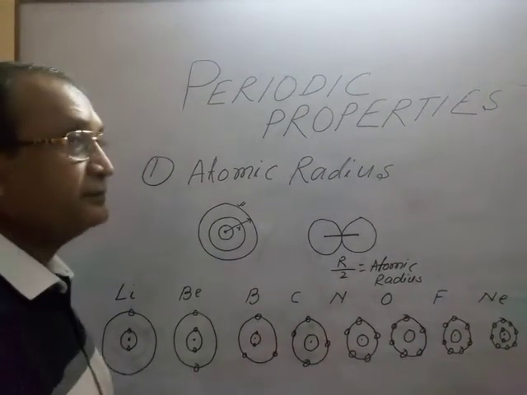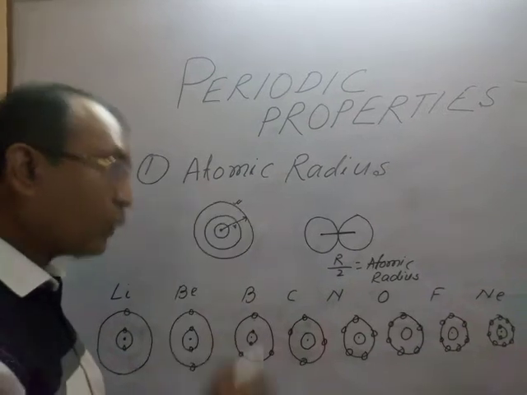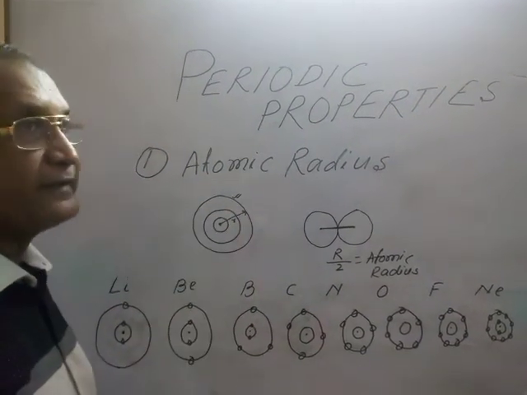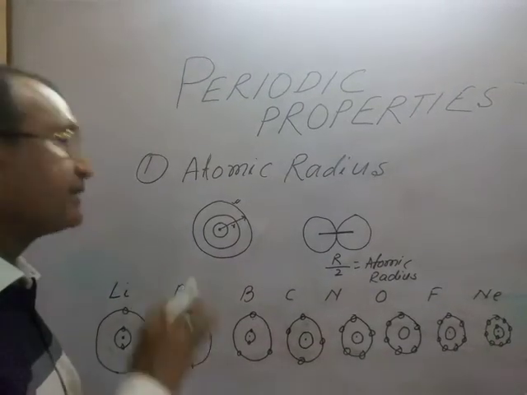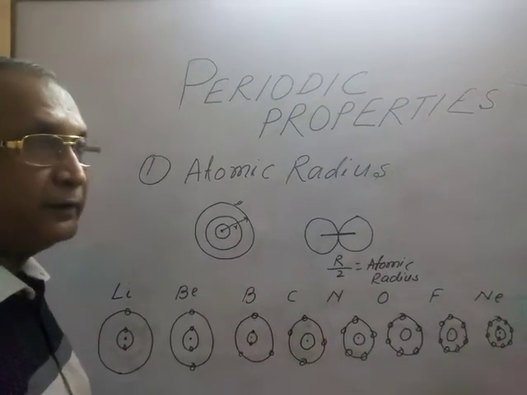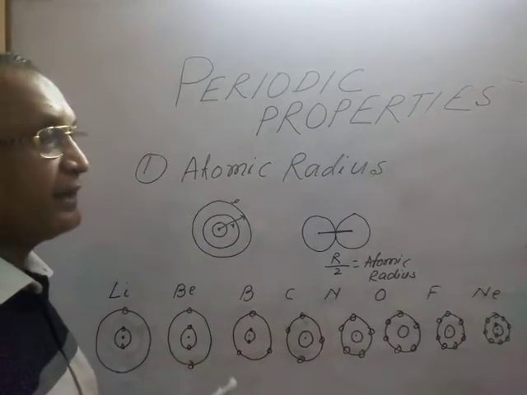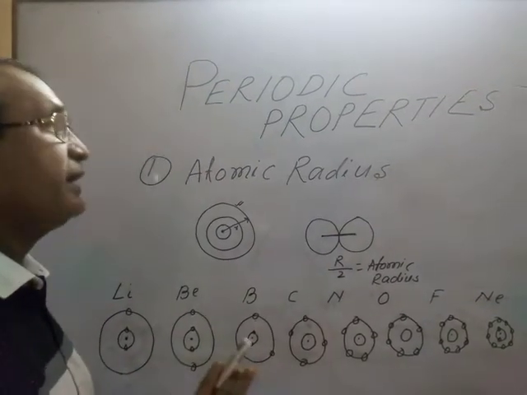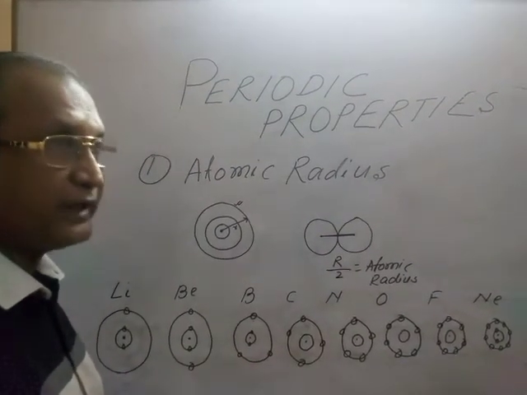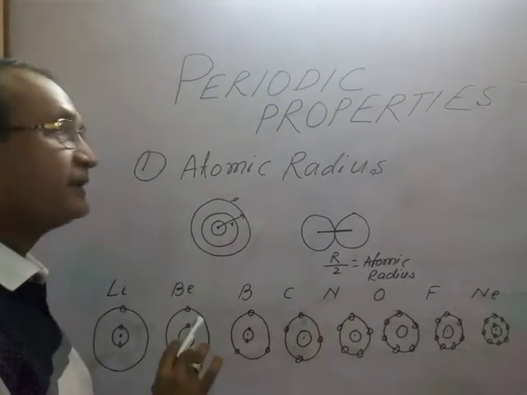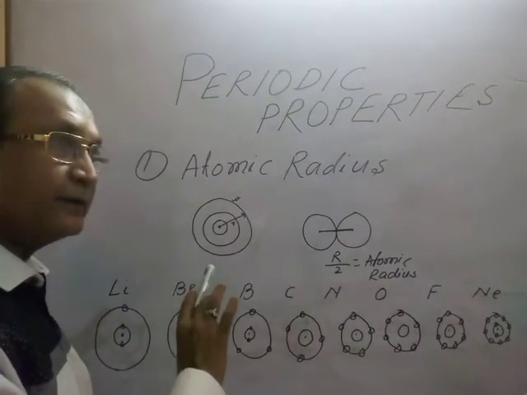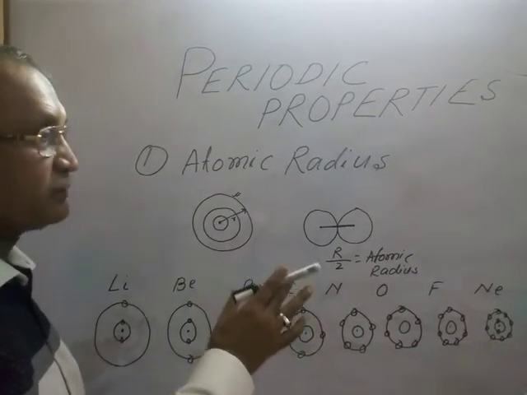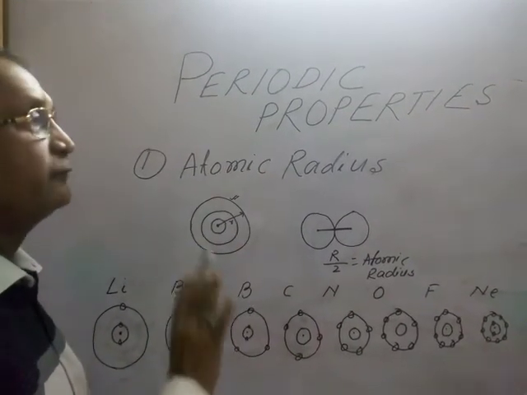On the other hand, if we go down a group, then the number of cells increases, and as soon as the number of cells increases, the atomic radius also increases. So from here we can come to a conclusion that atomic radius increases down a group and decreases across a period from left to right.